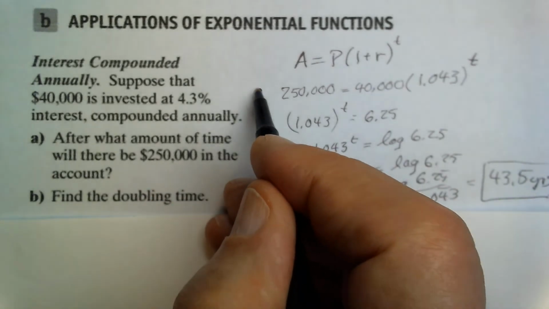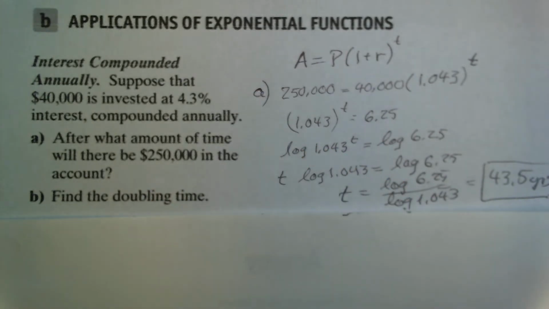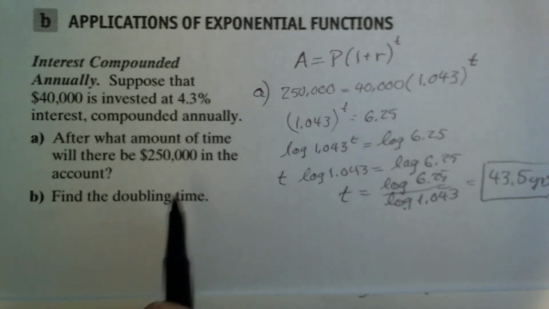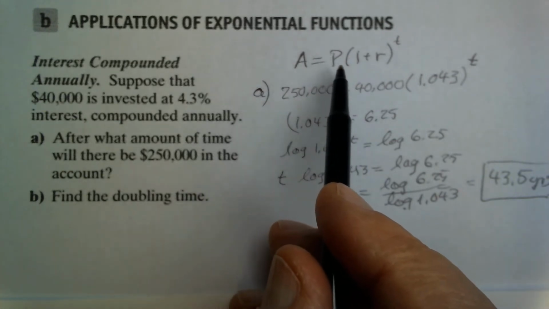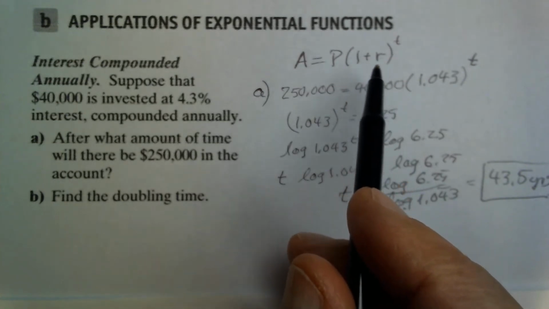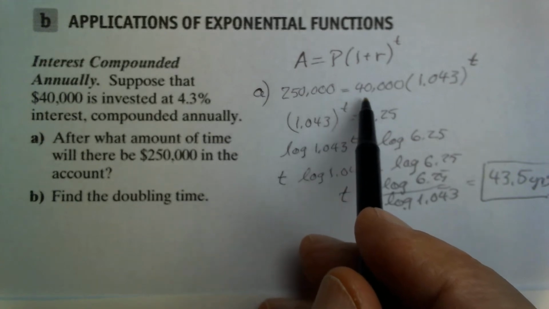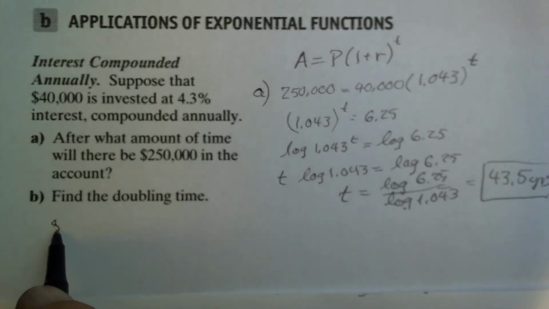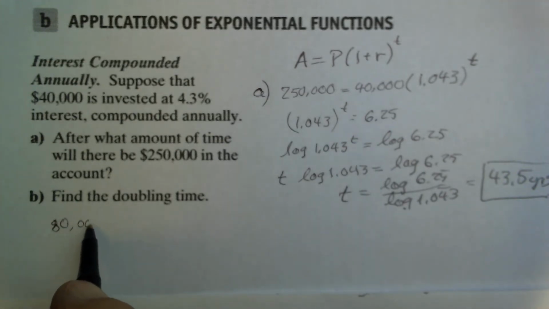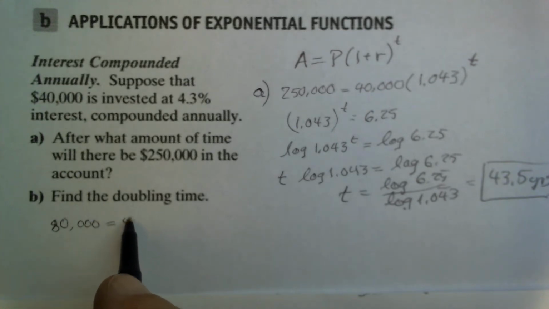So that's for the A part. And for the B part, we are asked to find the doubling time. When will that double? We start out with the basic equation, A equals P times 1 plus R to the T power. Since the amount is supposed to double, we want to have 80,000 from an investment of 40,000.